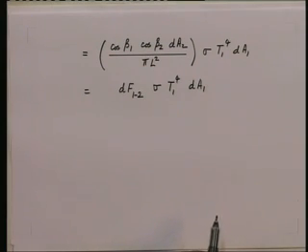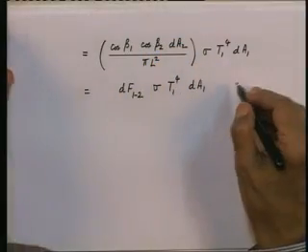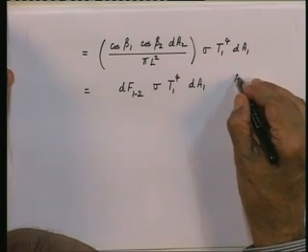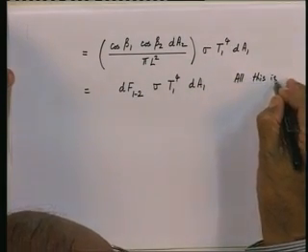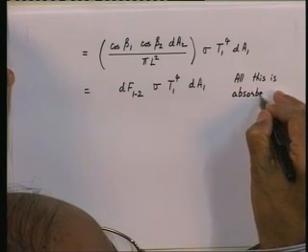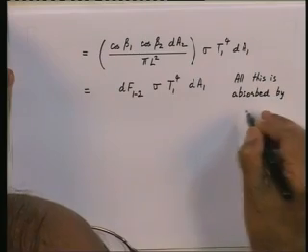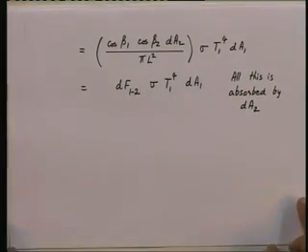Okay, that is the rate at which radiation emitted by dA1 flows towards dA2, and all this is absorbed by dA2. Why is that? Because dA2 is a black surface, it absorbs.